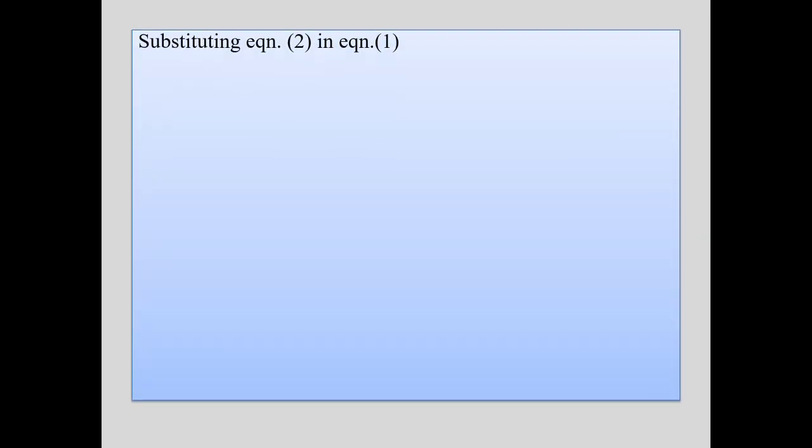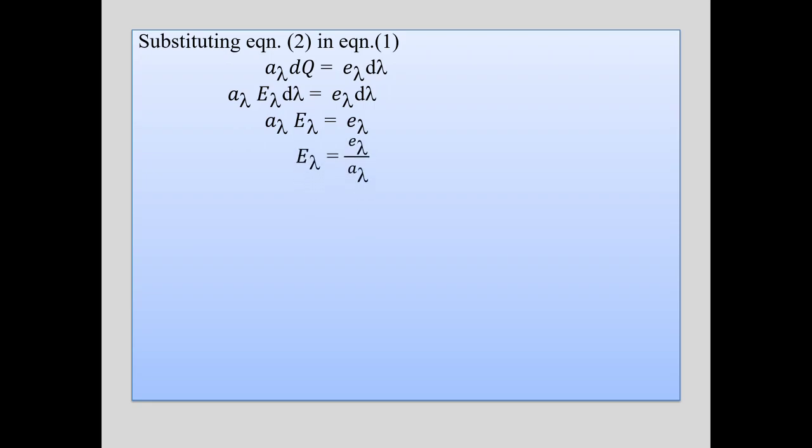Now let us substitute equation 2 in equation 1, which is A lambda dq equals E lambda d lambda. In place of dq, we write A lambda into capital E lambda d lambda equal to E lambda into d lambda. So d lambda and d lambda get cancelled. We get A lambda capital E lambda is equal to small e lambda, or capital E lambda is equal to E lambda divided by A lambda.